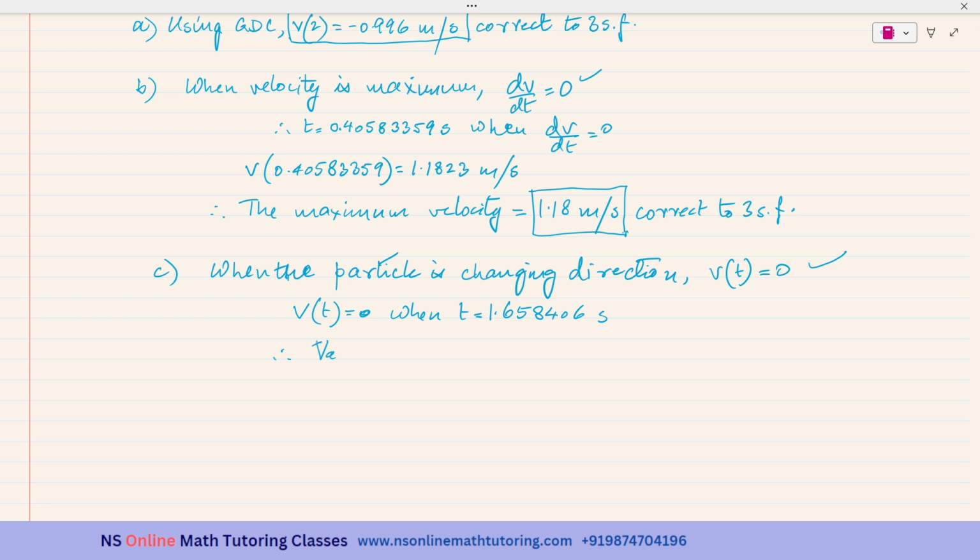So therefore, the value of acceleration, or dv by dt, when t is equal to 1.658406 seconds, is equal to, let us find.